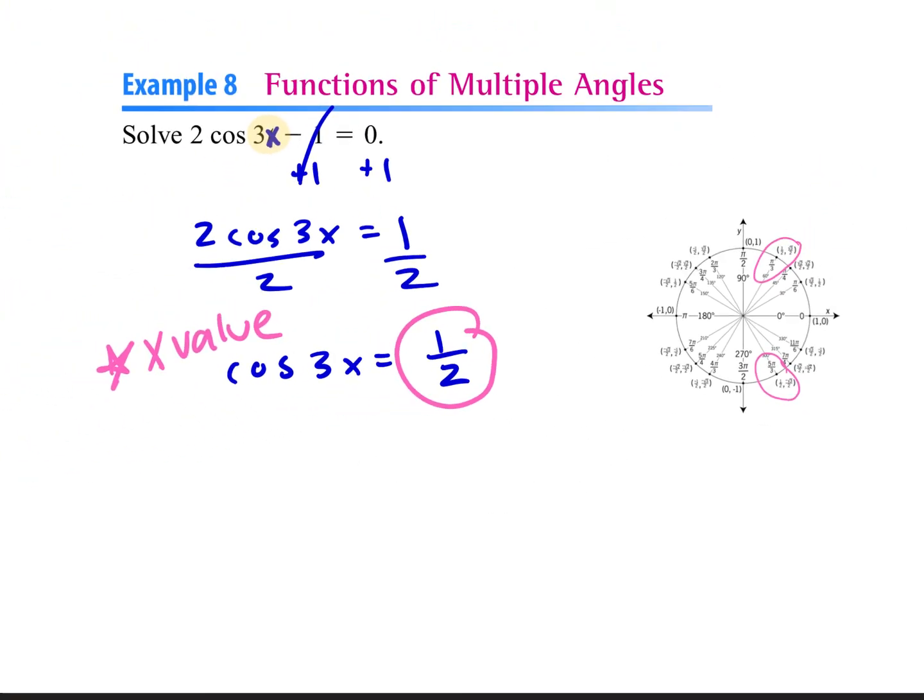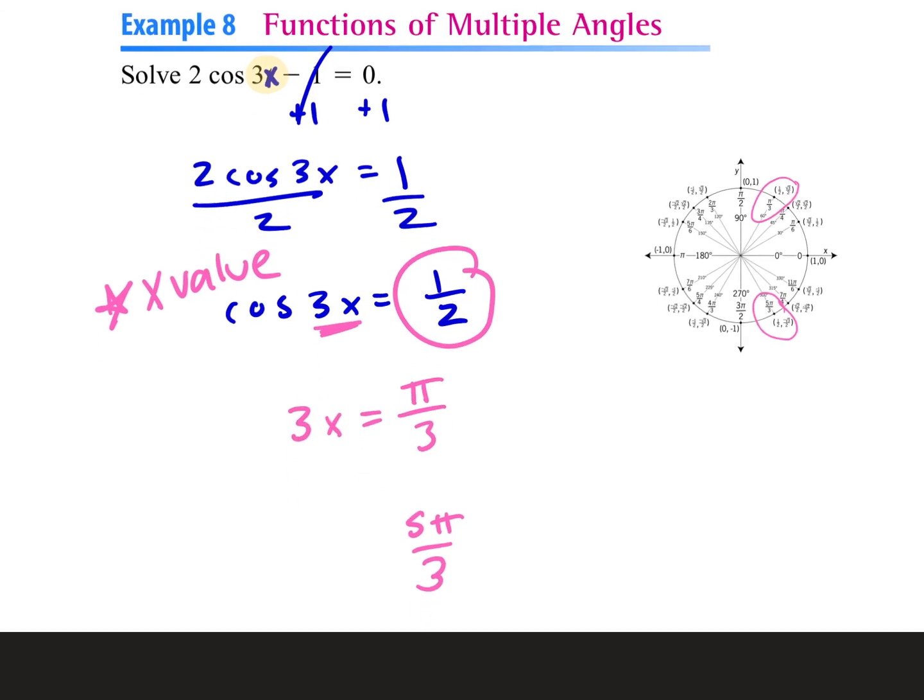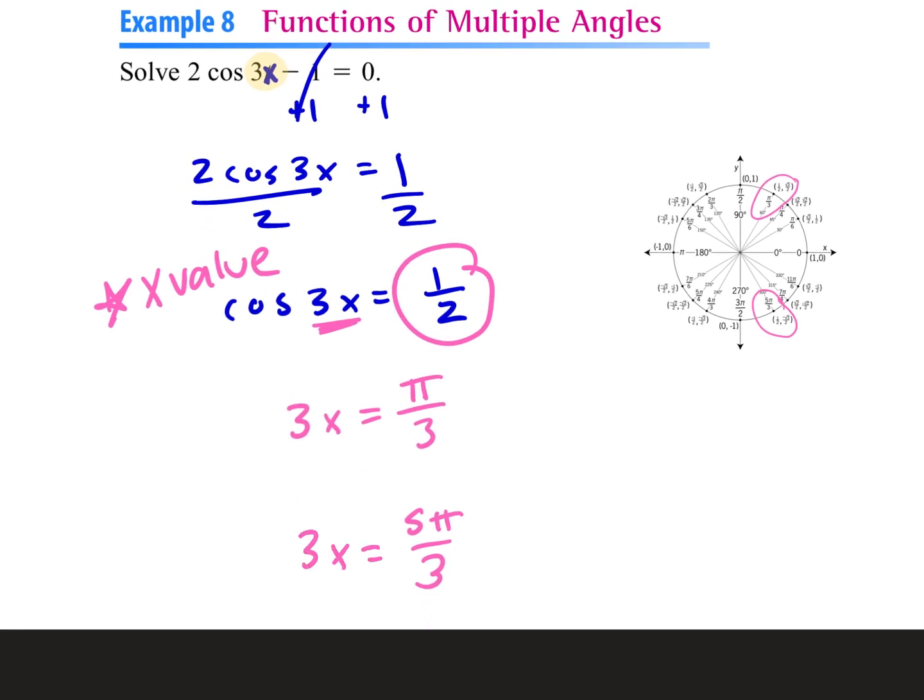So my x value is 1/2 at pi over 3 and 5 pi over 3. But the only difference here is that I have this 3x. So instead of just saying x is equal to and then I'm done, I have 3x is equal to this and 3x is equal to this. Not yet. Still have to solve for x.